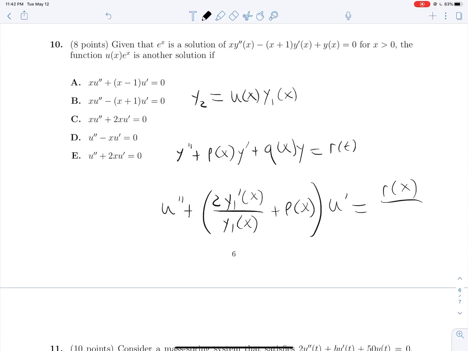Reading t's and trying to write x is a little hard. Divided by y1 of x.